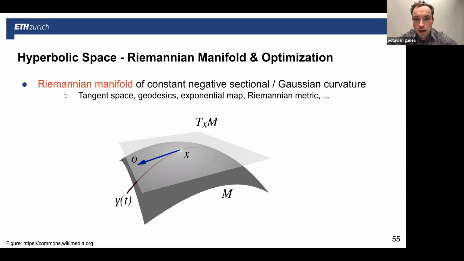It has a constant negative sectional or Gaussian curvature that I'm going to talk about later. We are interested in working with common concepts from Riemannian geometry: the tangent space, geodesics, exponential map, Riemannian metric. These are all concepts that we need for using this space in machine learning.